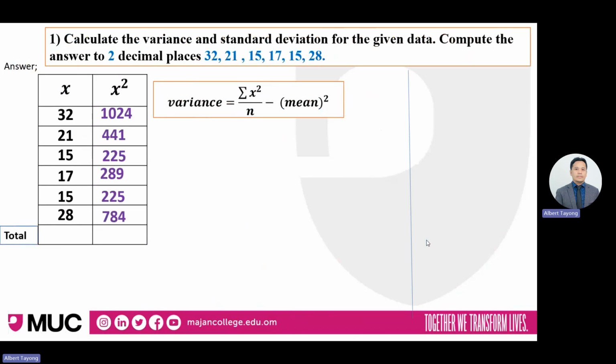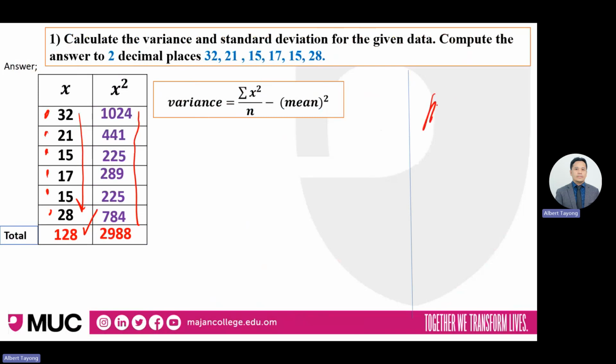Then you have to get the total of x and the total of the x squared. Add all of this, total, and add all of this. Okay, so now we can plug in the values here. You have 1, 2, 3, 4, 5, 6.